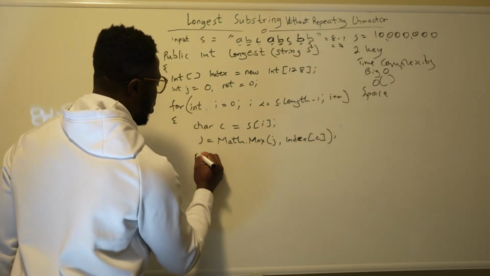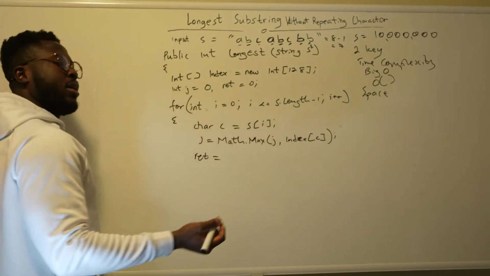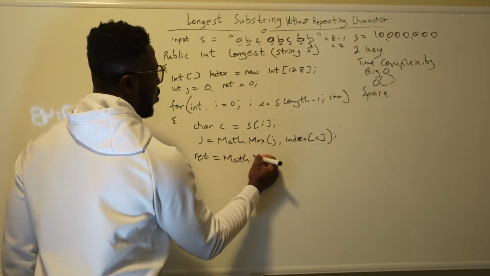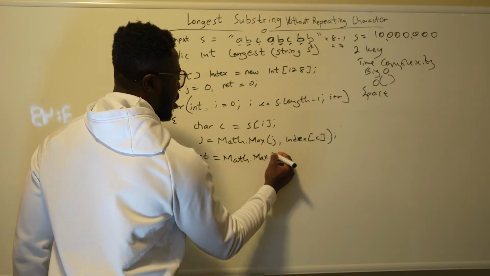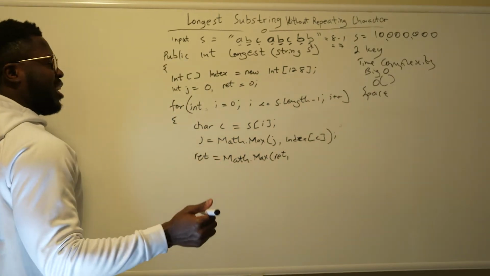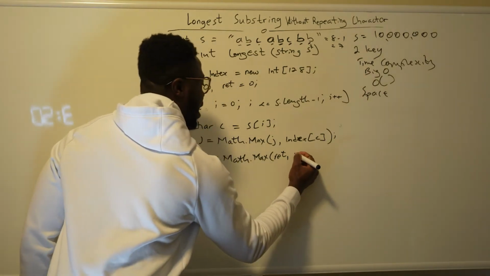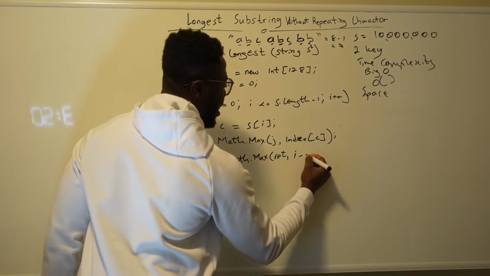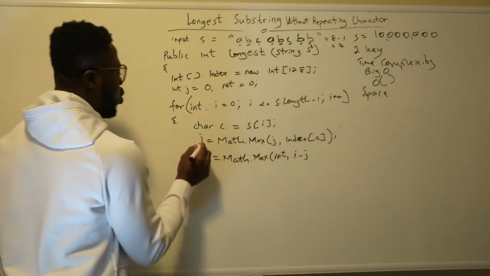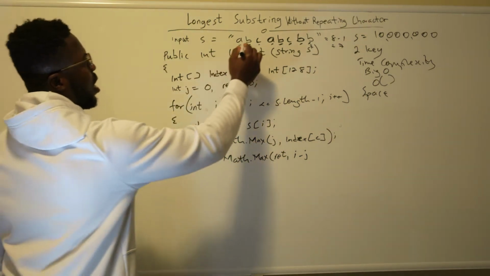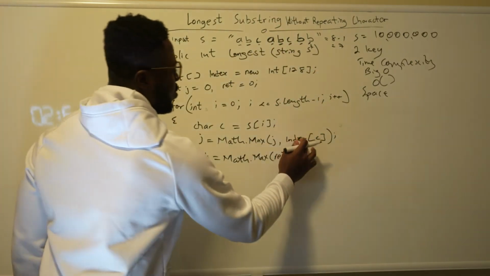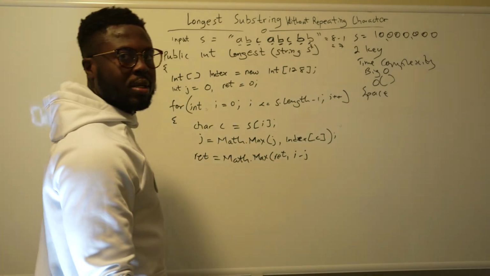Then we also set the return data, which is the length. That one too is going to be Math.max of return. Here is the key. We are going to start with i, then we subtract j, because j is what we are going to use to keep track of whether you've set the index or not.